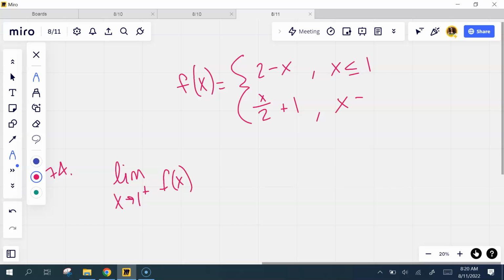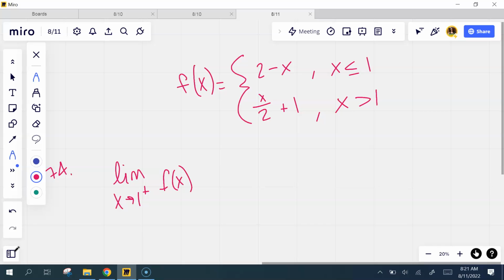Remember, I want to use substitution whenever I can, right? As I approach 1 from the right, which piece of that graph is coming in from the right-hand side?